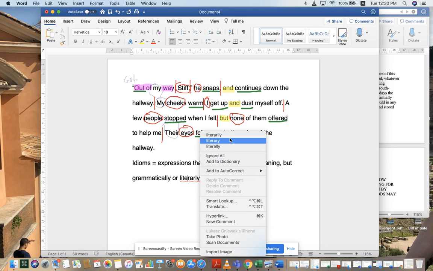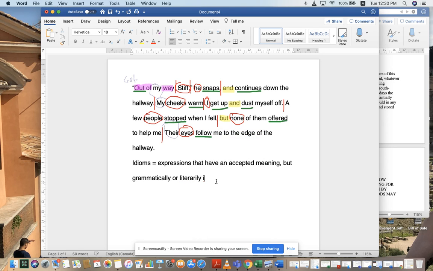Whoops, misspelled that here. Incorrect. Right. So we have to ensure that when we're looking at idioms, so "out of my way" is one idiom. "Set sail" is another idiom. Okay, because set sail means to literally set the sails on a boat, not to sail the oceans physically.